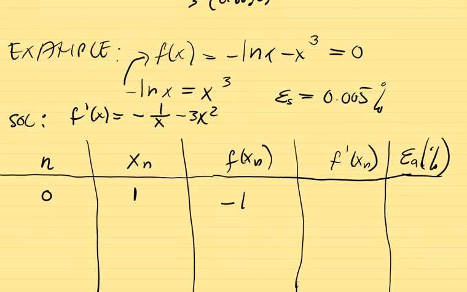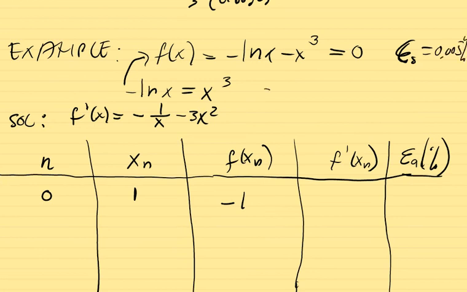Then what will be our equation? It's a good practice to write first the equation. I forgot it again. Let's first write the equation here. Let's put epsilon s equals 0.005%.